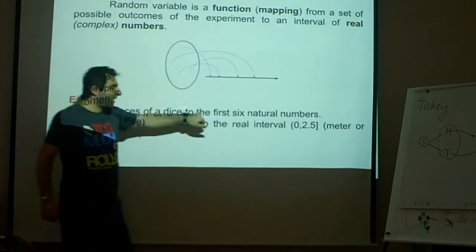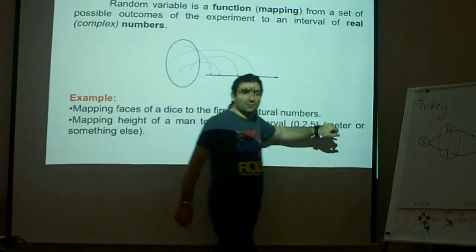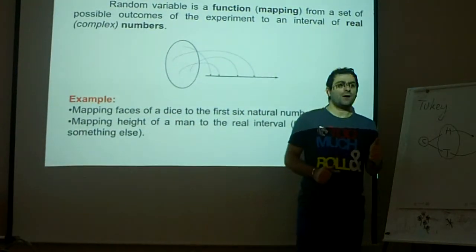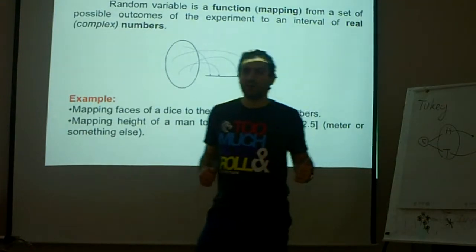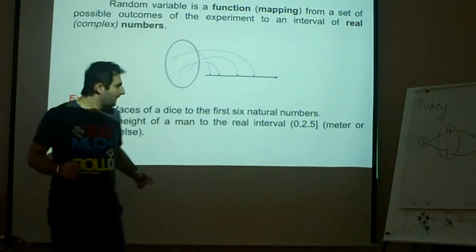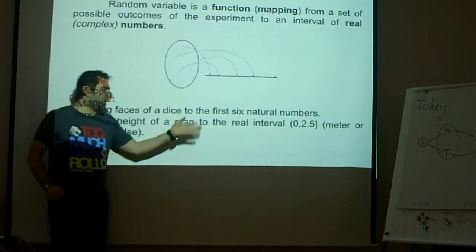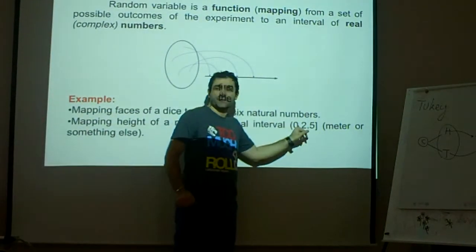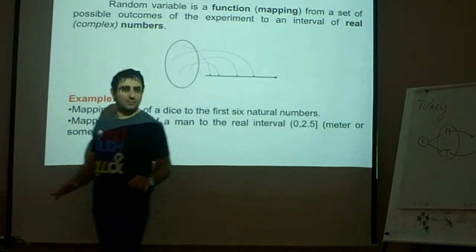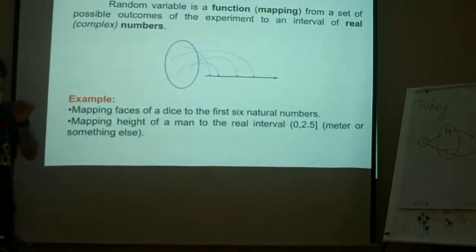In other words, we have the numbers that we are mapping, 1 to 6. 1.5 is not defined. 2.5 is not defined. But here, any number is valid. Okay, we are assuming that this one starts from 1, so we don't have anyone shorter than 1 meter. But any number is valid.